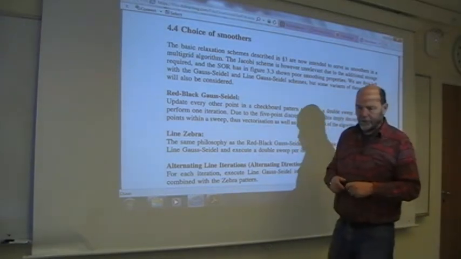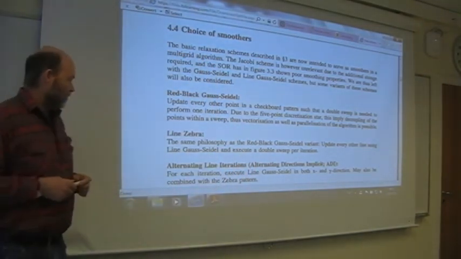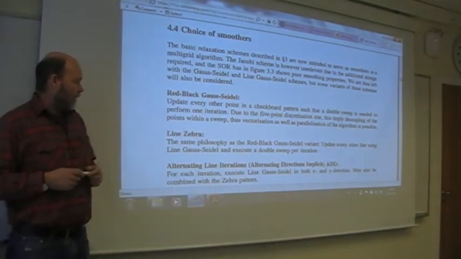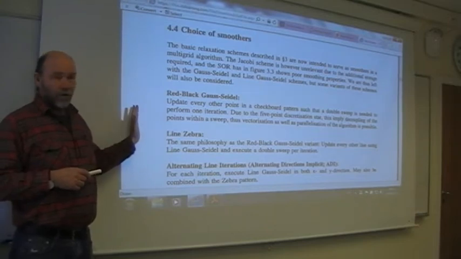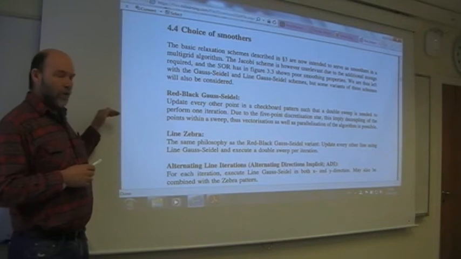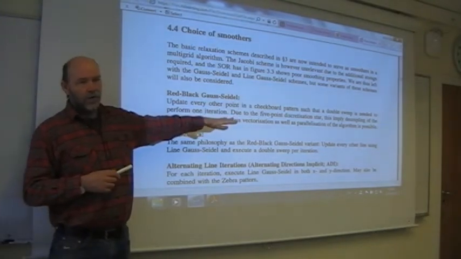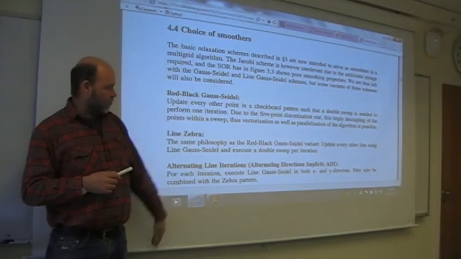Then you have a line solver. Now, what's a line solver? Well, when you are in 2D or in 3D for that matter, you think of all your unknowns along one single line as the unknowns. The rest we treat as known.